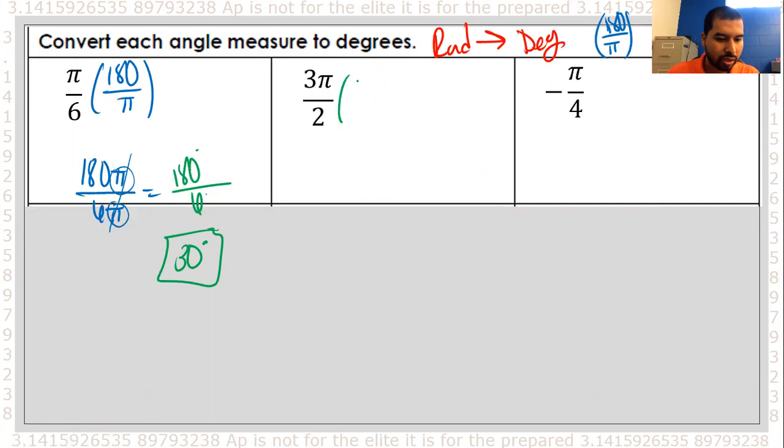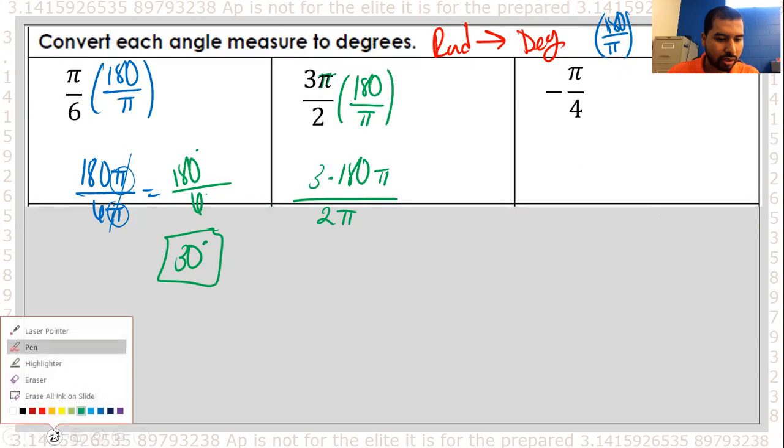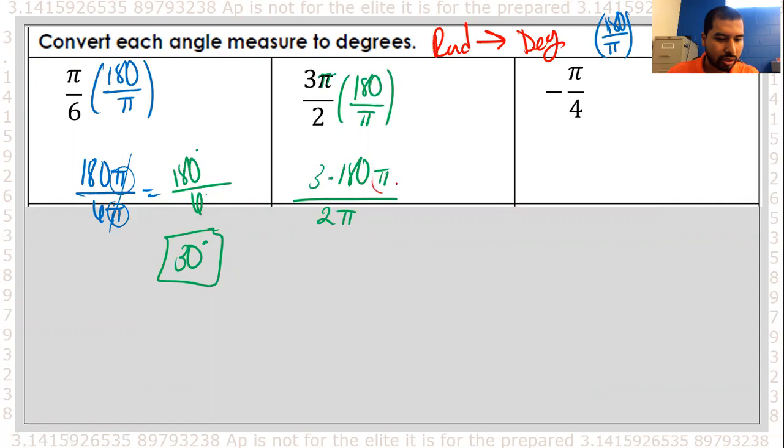So I have this right here, 180 times pi, because I'm trying to convert, so I must multiply by this. And if you ever forget this, just keep in mind, if you have a pi in the numerator, you should have a pi in the denominator. Okay, so I have 3 times 180 times pi divided by 2 pi. Ooh, that looks very messy. We can go ahead and simplify the pi's first. Those won't be a problem.